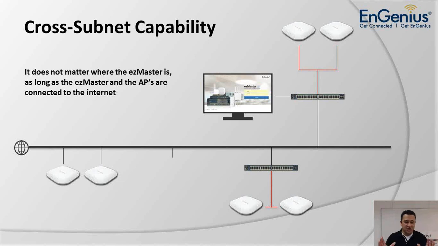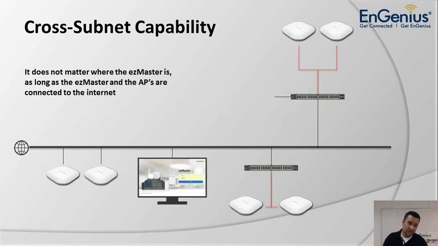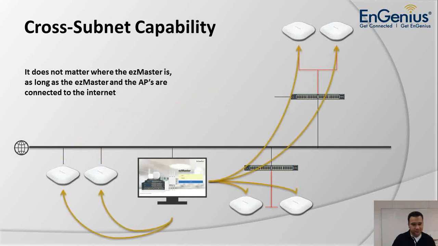This means that it does not matter where the EasyMaster is, as long as the EasyMaster and the access points are connected to the internet. So it can be in one place, in your place, and you can manage access points in another location, or the EasyMaster is in another location, but you can still access the EasyMaster remotely, and you can still manage all the access points either here or in the other location.